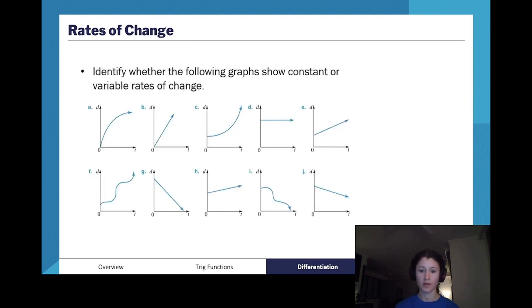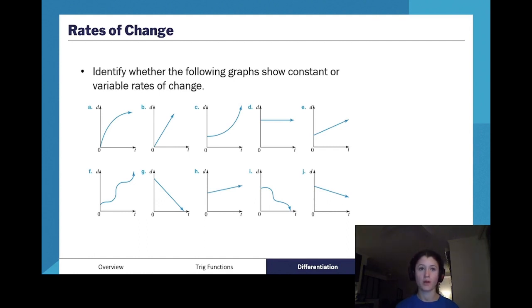So let's have a look at a few examples of this. What I'd like you guys to do is identify whether the following graphs show constant or variable rates of change. So pause the recording, have a go at this, jot down your answers, and then check your answers when we're going through them together.